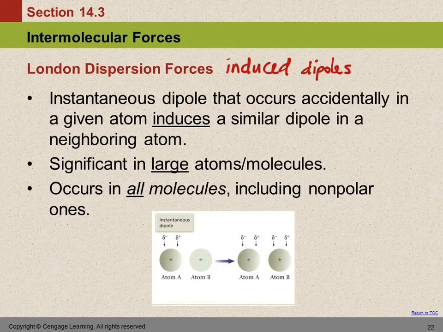Well, the electrons are always moving, and here they just happen to be lopsided, and there's really no benefit for them to stay that way. So they're going to just go on their random way and go back to being spread out again.